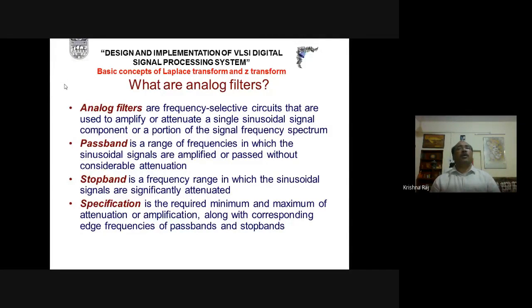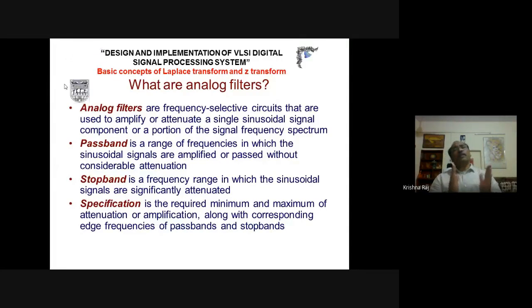When we apply the practical approaches, this ideal condition will be converted into a specification having a gap. That gap is known as the transition gap between the pass band frequency and the stop band frequency. And if we consider the pass band, whatever our field is, whether electrical, electronics, mechanical, whatever our field of interest or application, we have to design a system that will respond for a particular range of frequency, and stop another range of frequencies here.